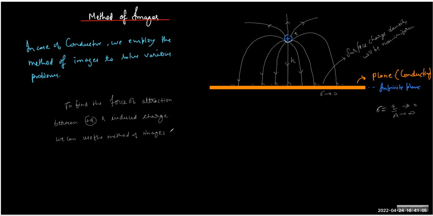What it says is that you can think of the infinite sheet as a plane mirror.